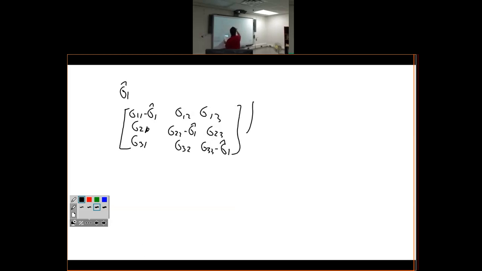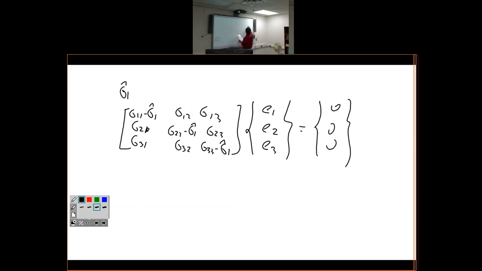And this you multiply by the unknown vector, and you say this must be 0 on the other side.